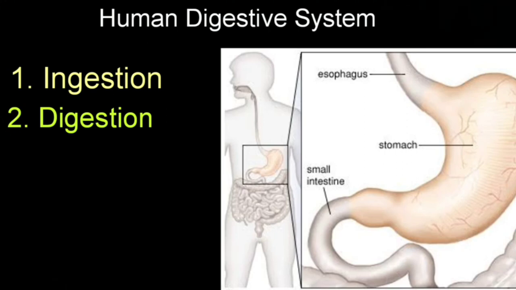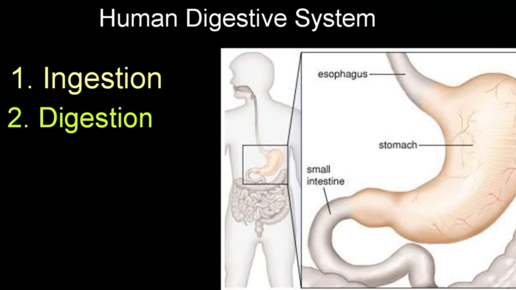Mucus protects the inner lining of stomach from damage due to acid, which is released by the stomach itself. HCl means hydrochloric acid makes the food medium acidic, which initiates digestion of protein in food by the enzyme pepsin and also kills bacteria in food.